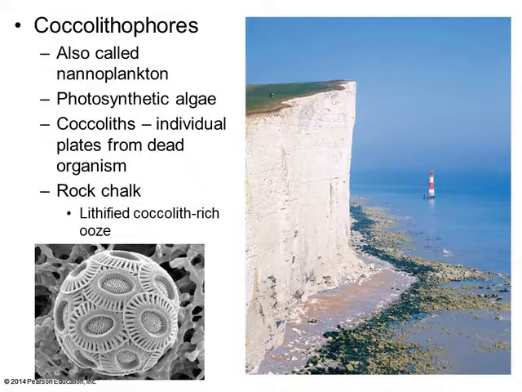Their plates at one point in time fell into this area, created a very large sediment of these plates, and over time and sea level rise and fall, these cliffs came up above the water, and now they are white.